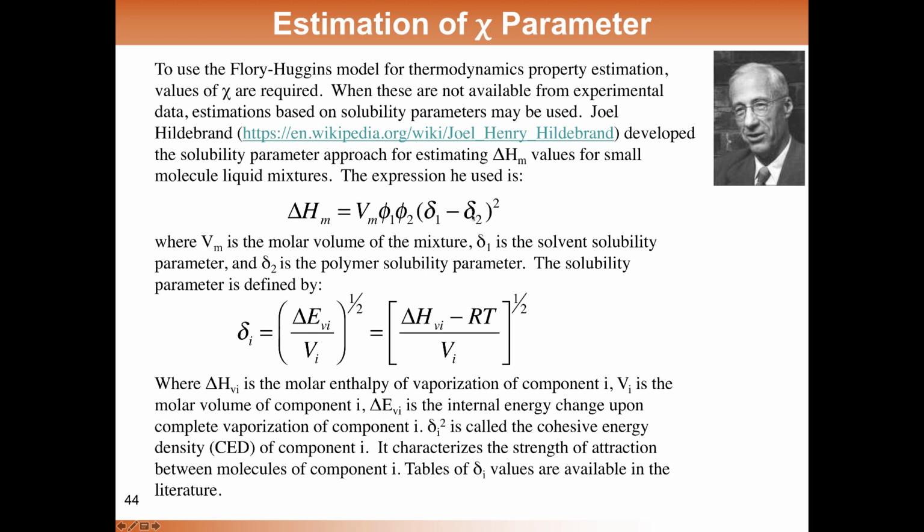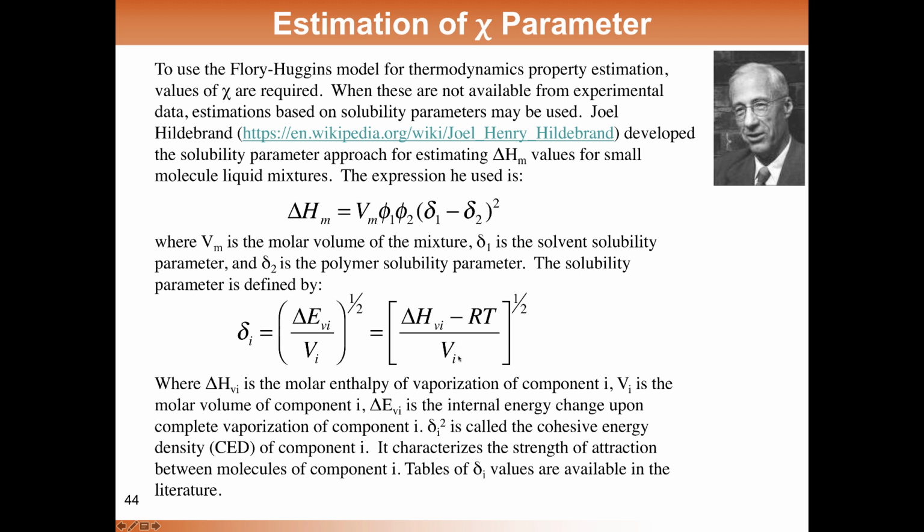In the case of a polymer solvent mixture, delta 1 would be the solvent solubility parameter, and delta 2 would be the polymer solubility parameter. And these solubility parameters are defined as the square root of the internal energy on complete vaporization divided by the molar volume of the component. That can be written in terms of the delta H of vaporization minus RT over the molar volume.